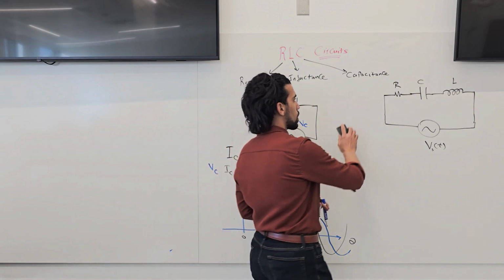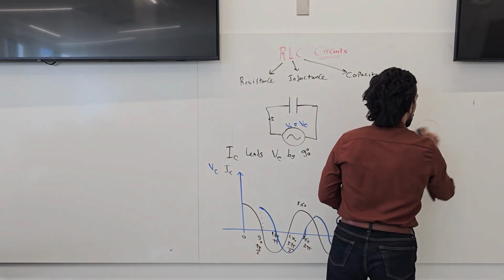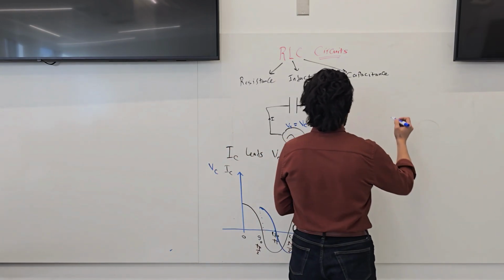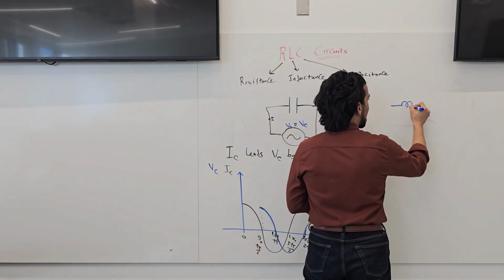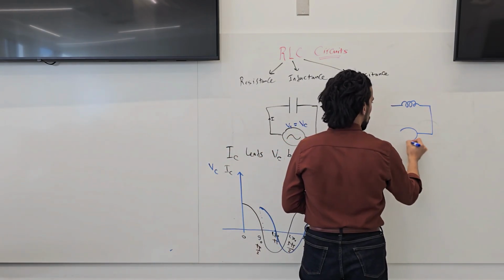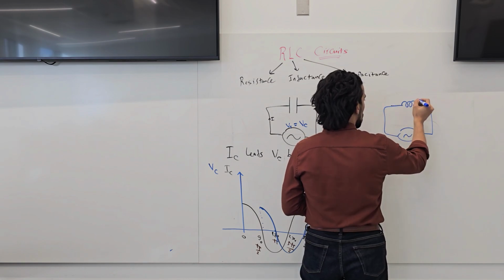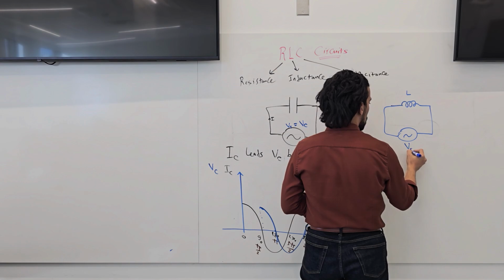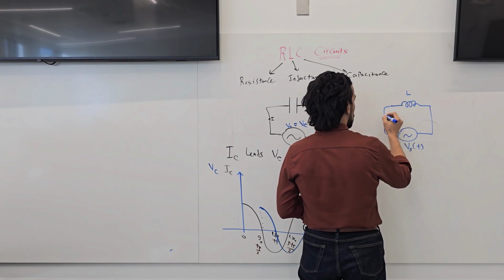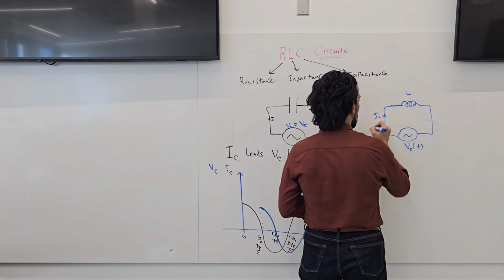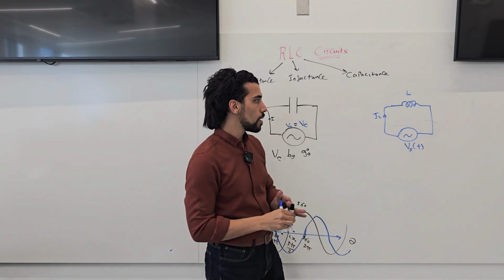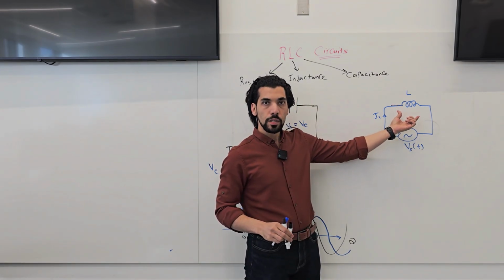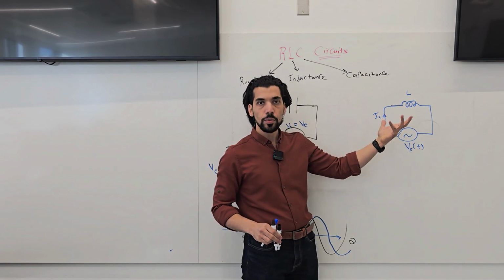So let's see the case of the inductor. The inductor is also a storage element that stores magnetic energy. We have this one, L, and also you have here the Vs(t), and you have some current I. So what happens here, when you apply some voltage on the inductor, some current is going to be produced.